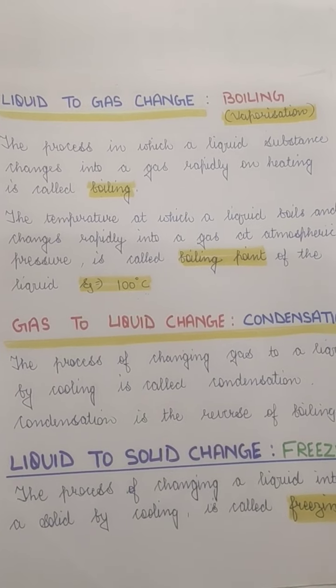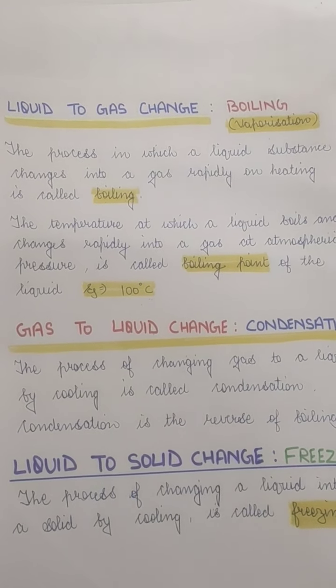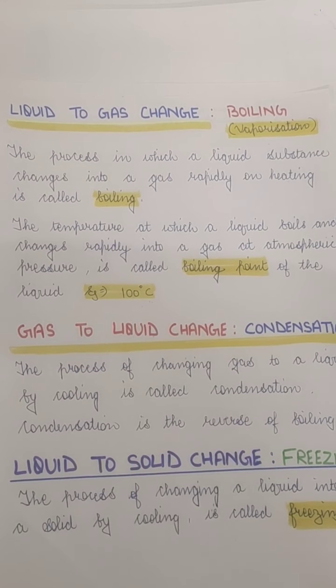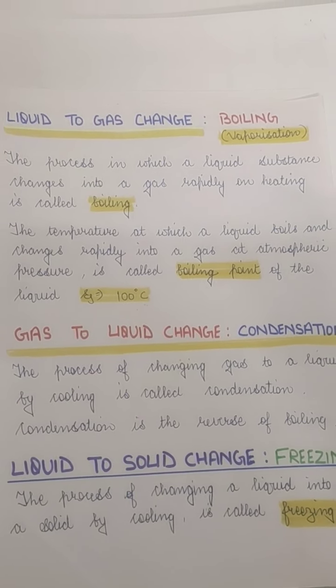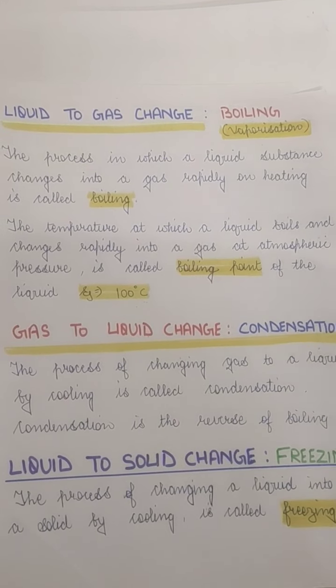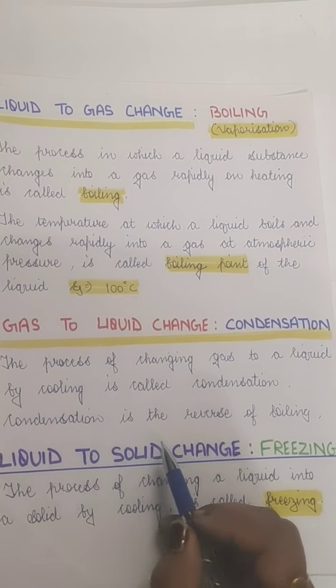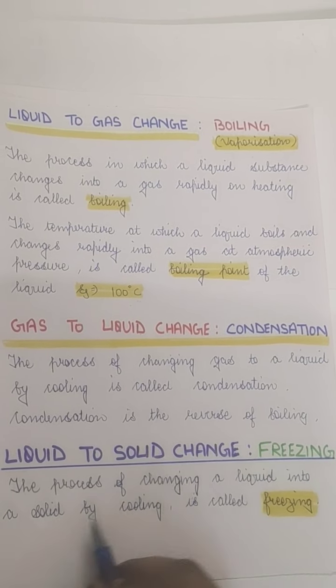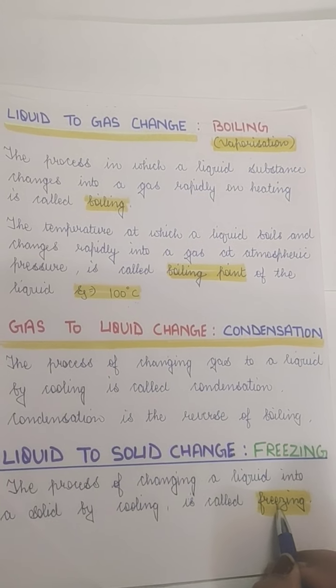You heat it, it melts. You heat it more, it turns into vapors. You collect the vapors and condense them, you get liquid again, and when you freeze the liquid you get ice again. So liquid to solid is called freezing. The process of changing a liquid into a solid by cooling is called freezing.